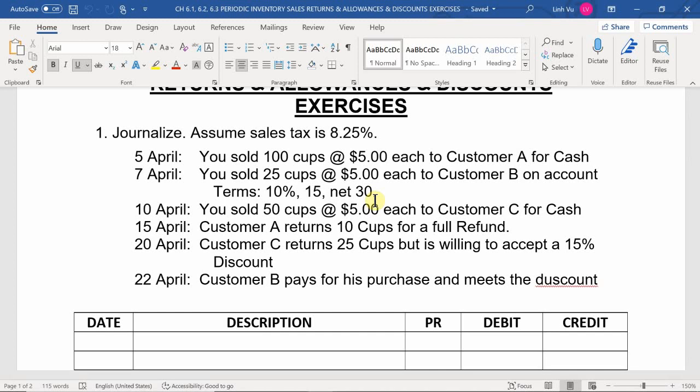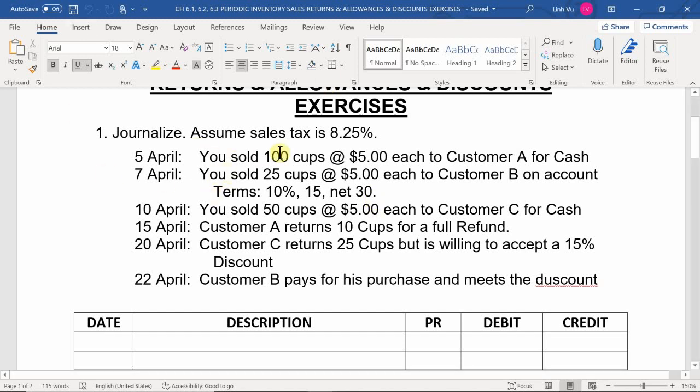Okay, so let's take a look here. On April 5th, you sold a total of 100 cups at $5 each to customer A for cash.